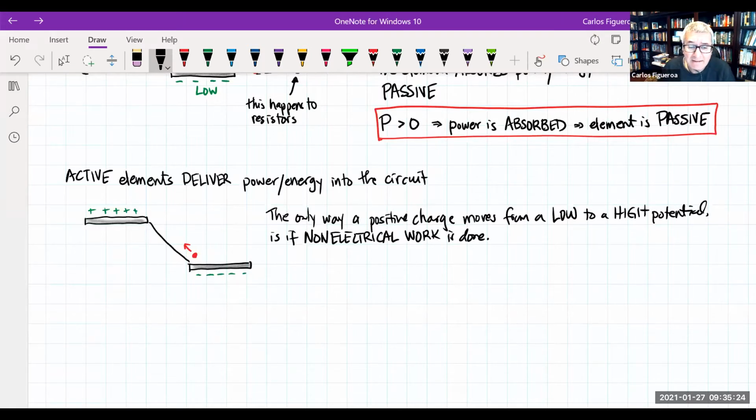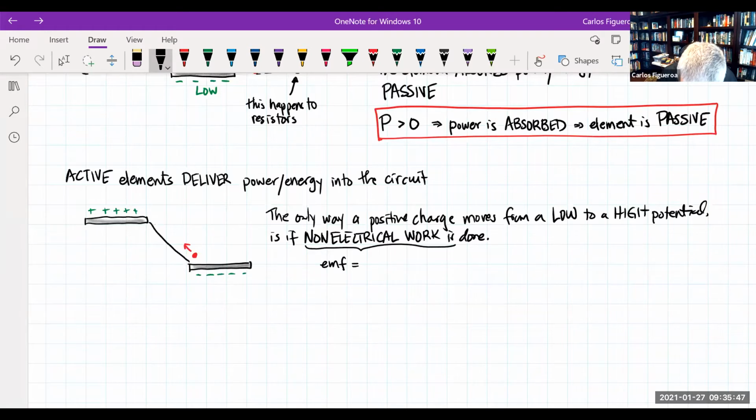And that, by definition, is the definition of an EMF, right? An EMF, even though they call it an electromotive force, it's not a force, it's actually a potential. So this non-electrical one is the definition of an EMF, and this is really for the most cases.